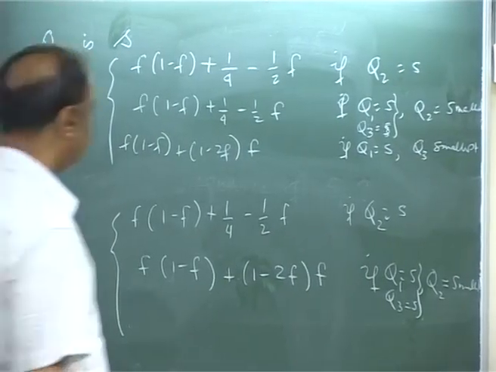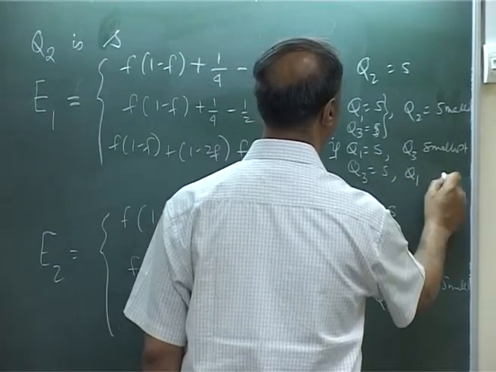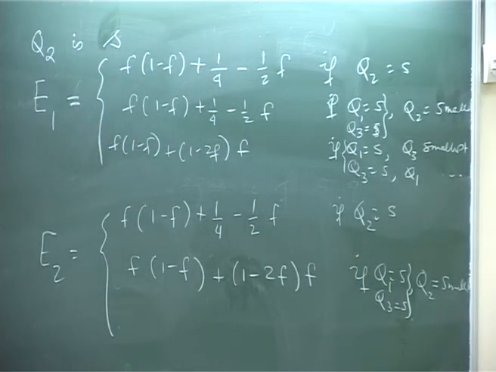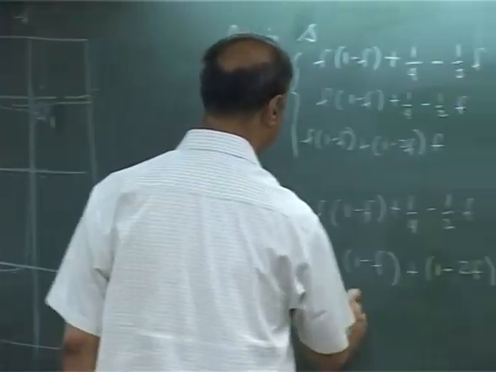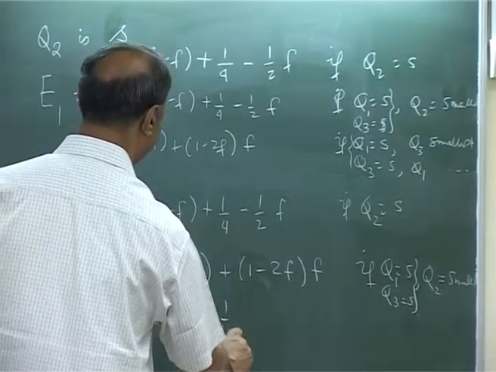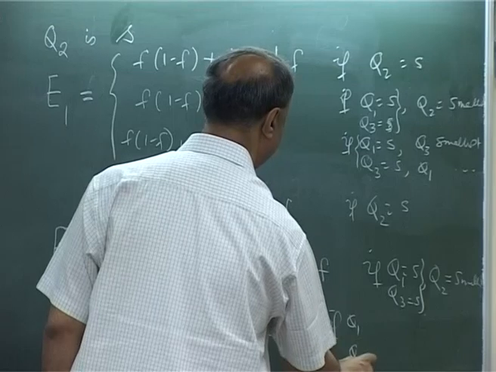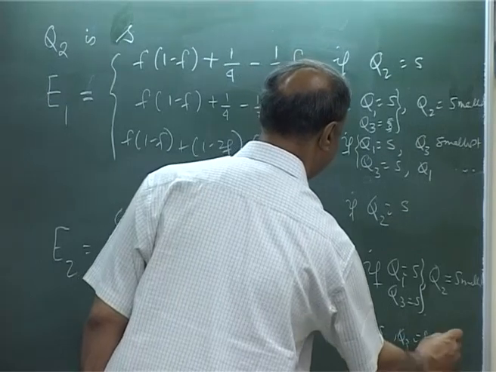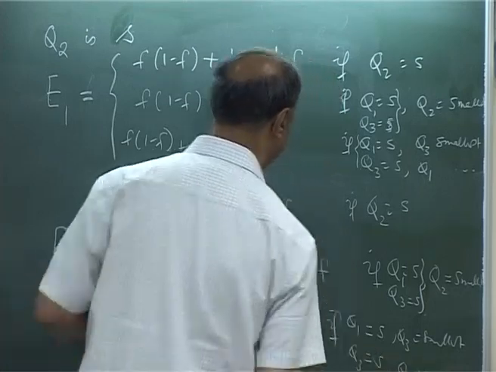And this is true for the other case also. Q3 is second and Q1 is smallest. Agreed? Now what about here? This becomes this one. So this becomes here f into 1 minus f plus 1 by 4 minus half f if Q1 is S and Q3 is smallest, Q1 is smallest.